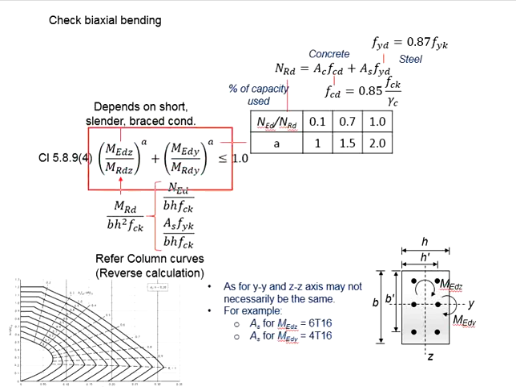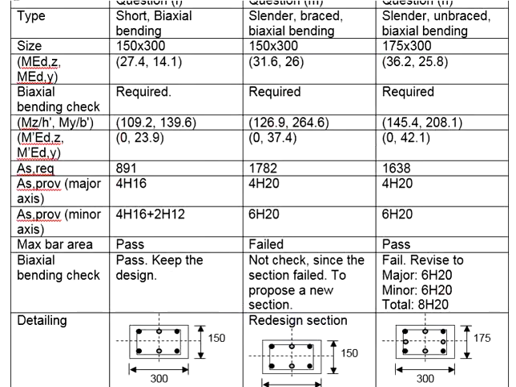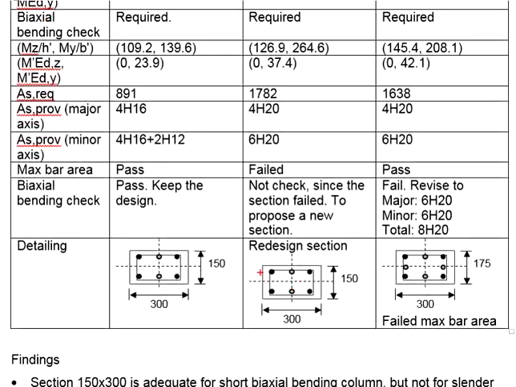The equation ends up to be more than 1.0. That means the initially proposed amount of reinforcement bar is insufficient. In order to make it sufficient, 2 more reinforcement bars are provided in the major axis. Instead of having the reinforcement bar arranged in this manner, now you will have the reinforcement bar arranged in this manner.